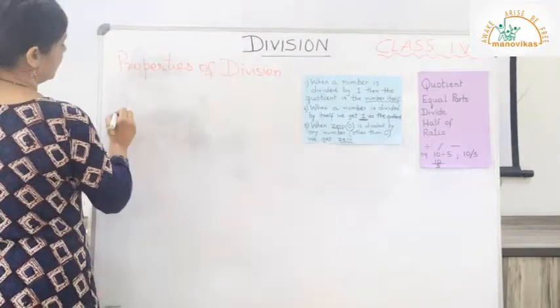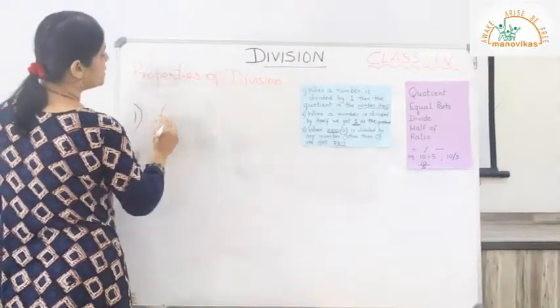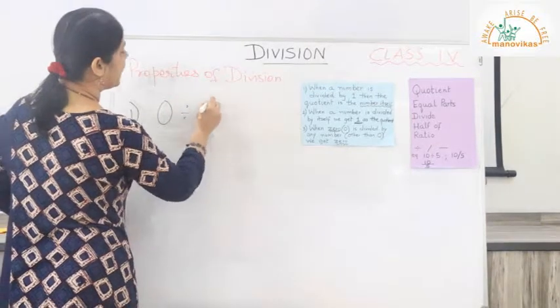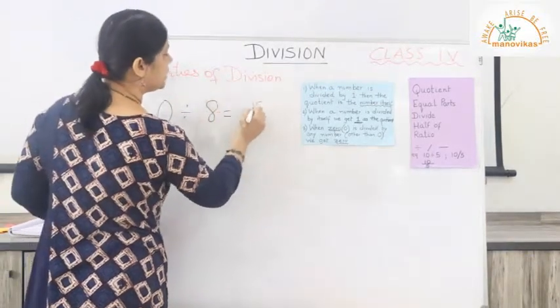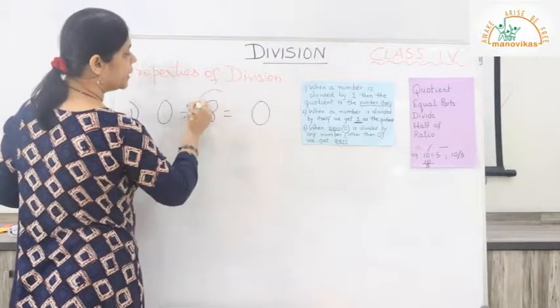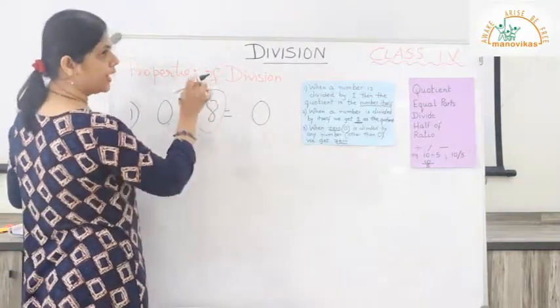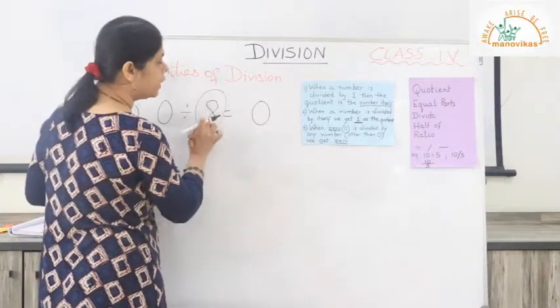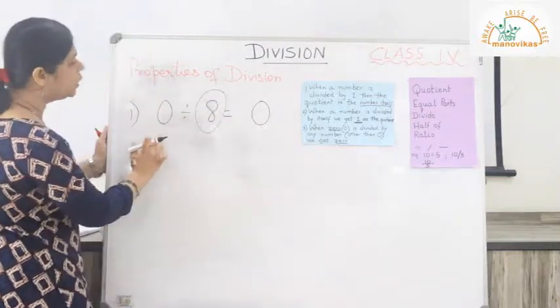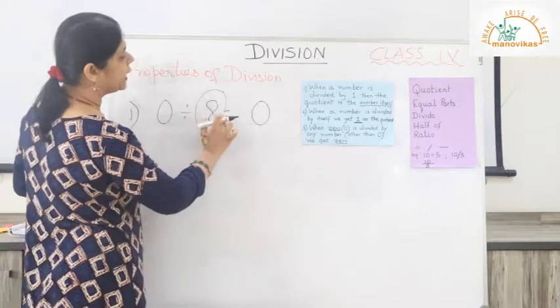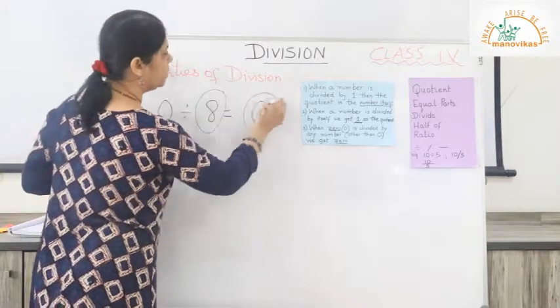Let us see this. The first example, 0 divided by 8 is how much? 0. So this number has to be a number but not 0. It can be any other number but not a 0. So 0 divided by 8 equals 0.